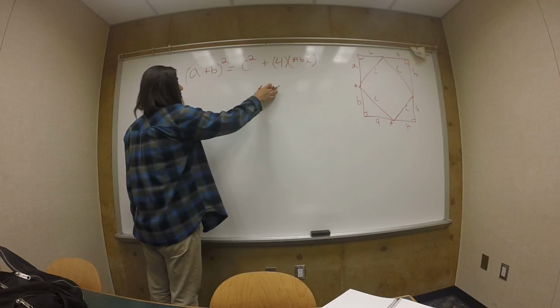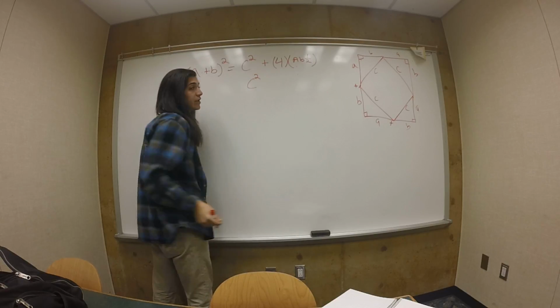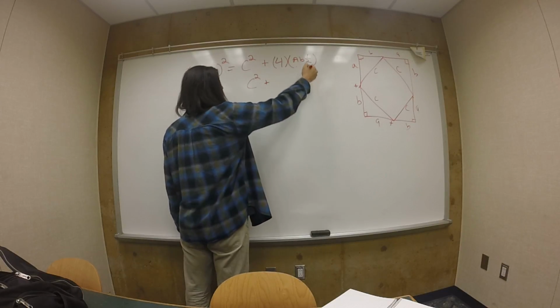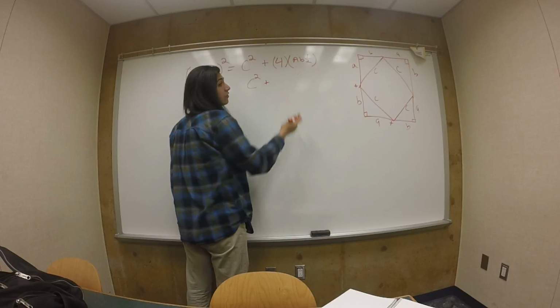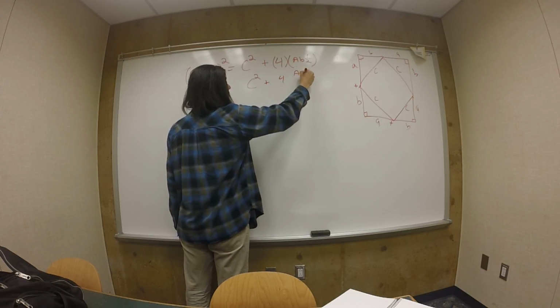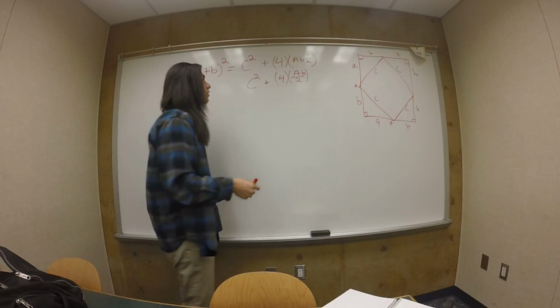On this right side, c squared will stay as c squared, plus, when we multiply AB and 1/2, you get AB over 2. You have to multiply that by 4.